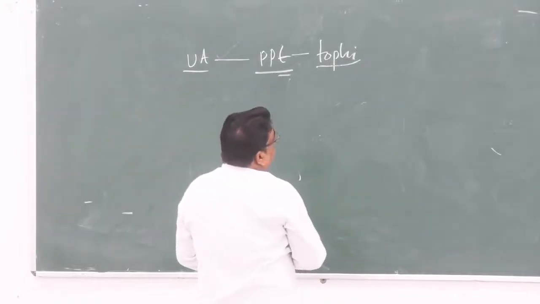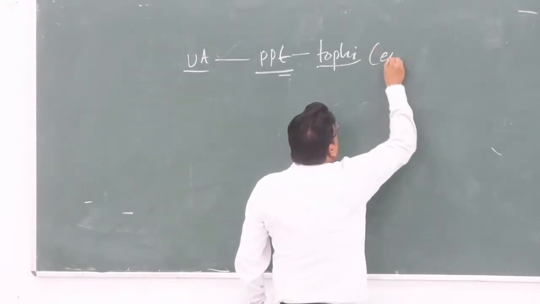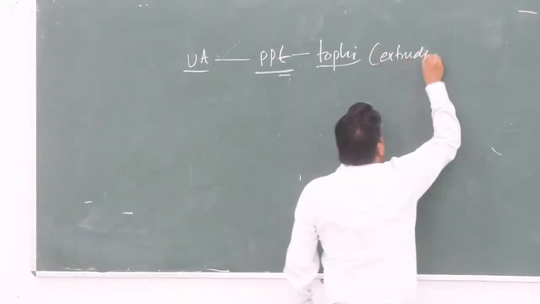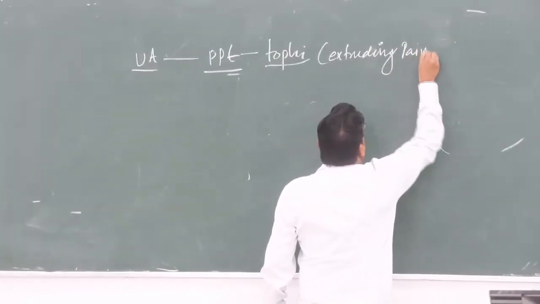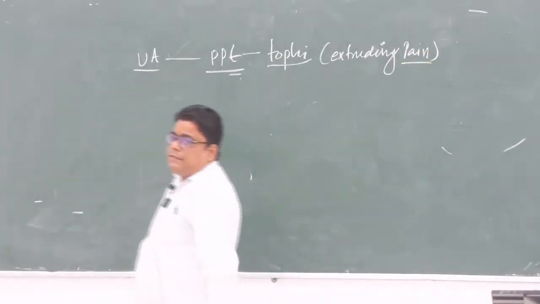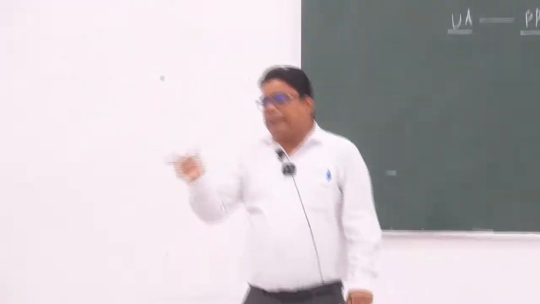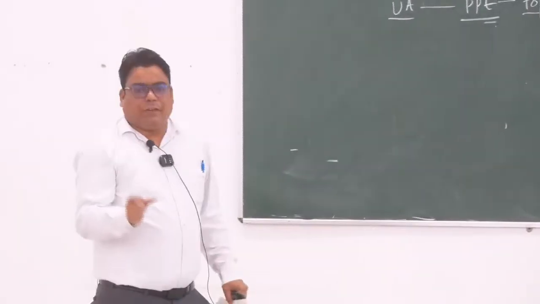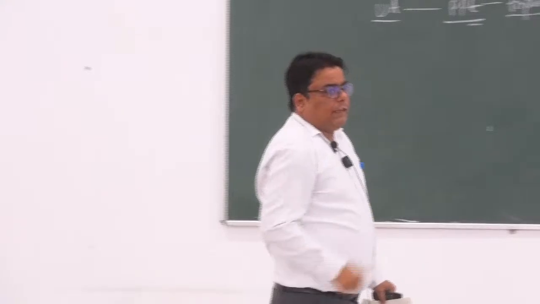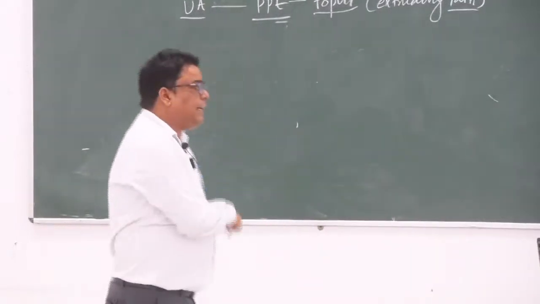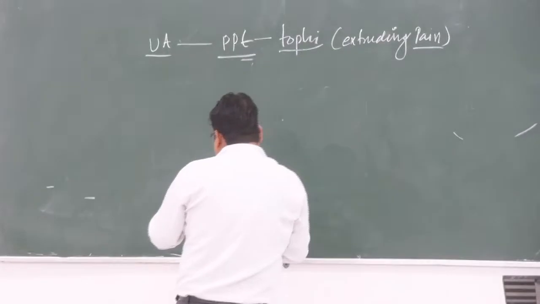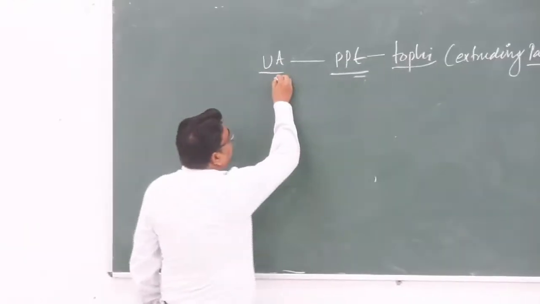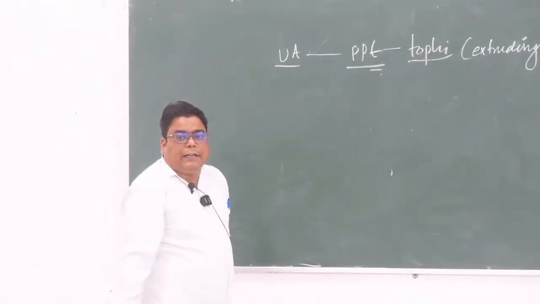Tophi, extruding pain. When the uric acid increases, what happens firstly in gout? When the uric acid increases, it can precipitate and it deposits in the tophi. In the relative fluid.